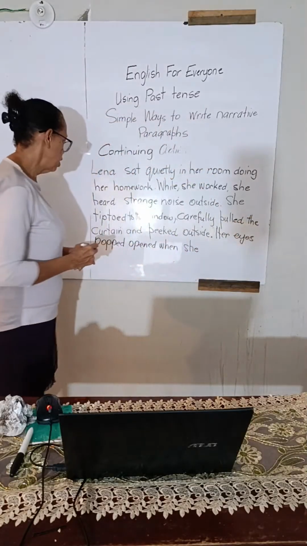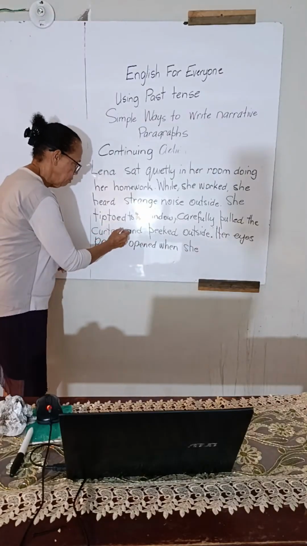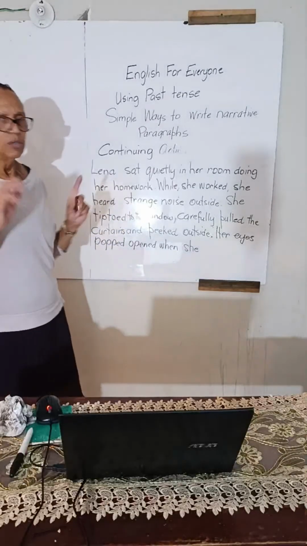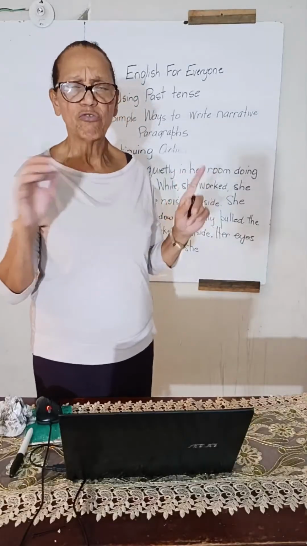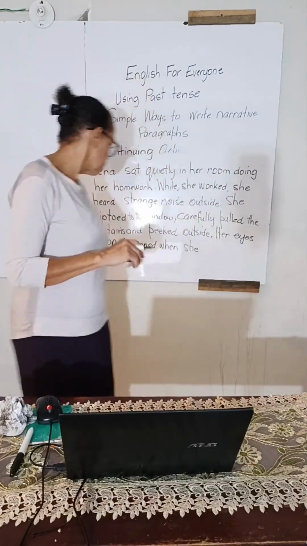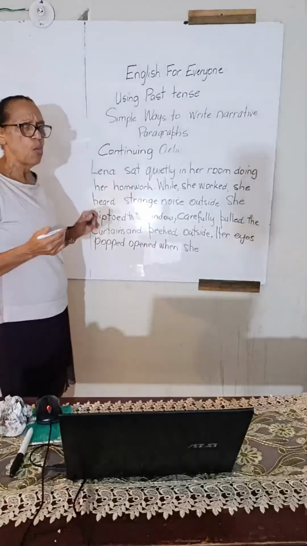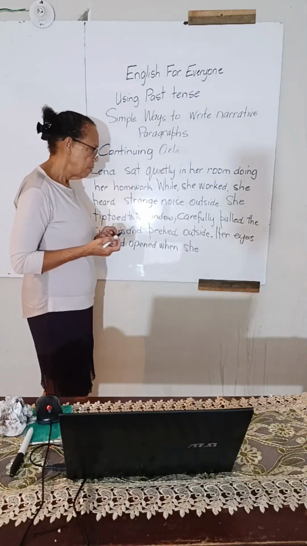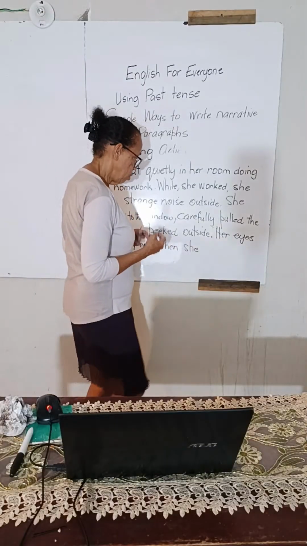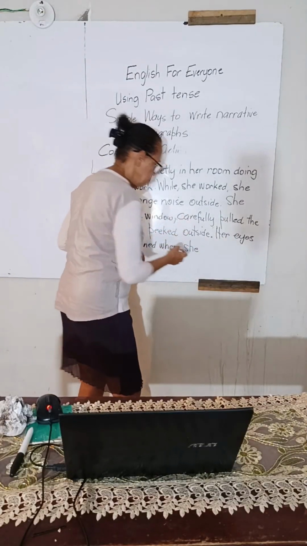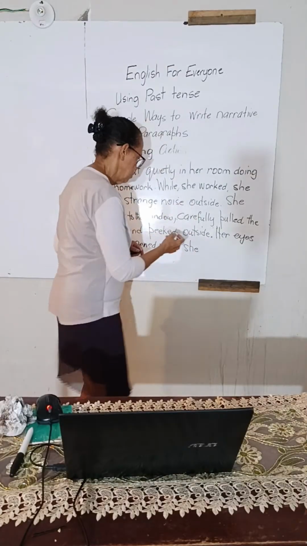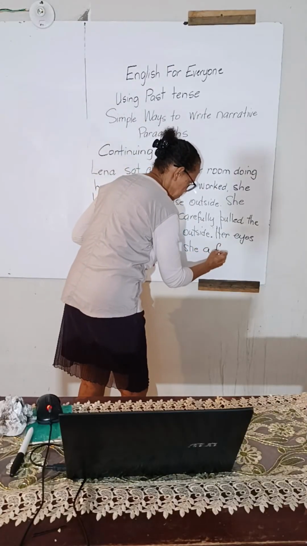She pulled the curtain, or more than one, all right? We can put the S. We don't have to get it right all at once because remember, we can always edit. And peeked outside. Her eyes popped open when she saw what? She saw a man, or she saw a figure. Let's say she saw a figure.